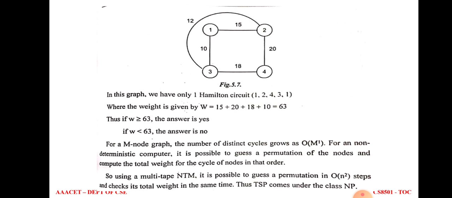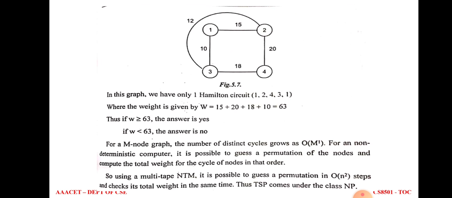It starts from 1 and also ends at 1. So consider the weights: 1 to 2 is 15, 2 to 4 is 20, 4 to 3 is 18, 3 to 1 is 10. So 15 plus 20 plus 18 plus 10 is equal to 63. So the solution for this traveling salesman problem is 63, right?